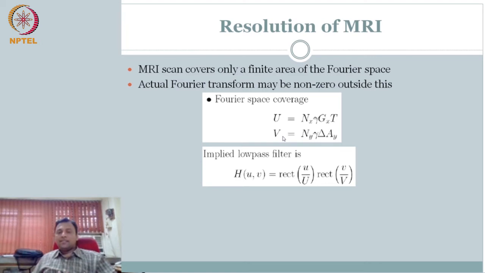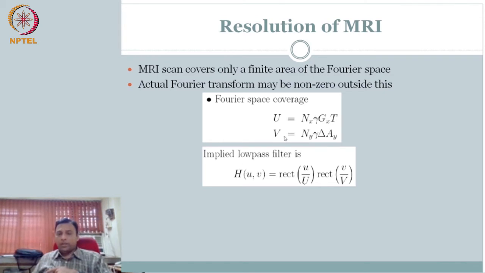So what is this saying? The image might have several frequencies, but we have acquired the data by applying an anti-aliasing filter and having some phase shift in phase encoding. It implies that you have data only from a frequency domain space of length capital U in the U direction and capital V in the V direction, an implied low pass filter.